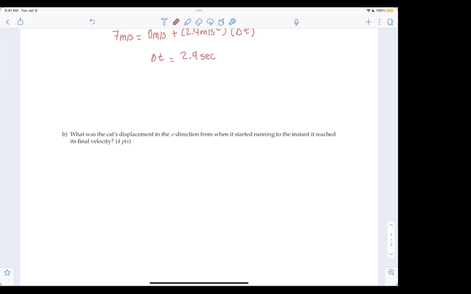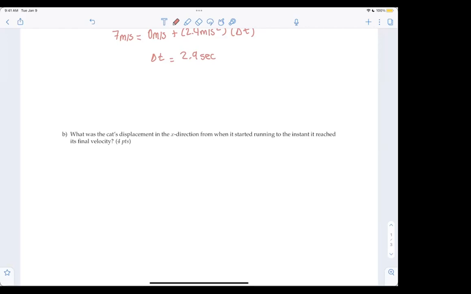Now we can alternatively use this equation. Delta x is equal to vix delta t plus half a delta t squared, right? You guys seen this equation before either in the reading or in the lecture slides? Cool.